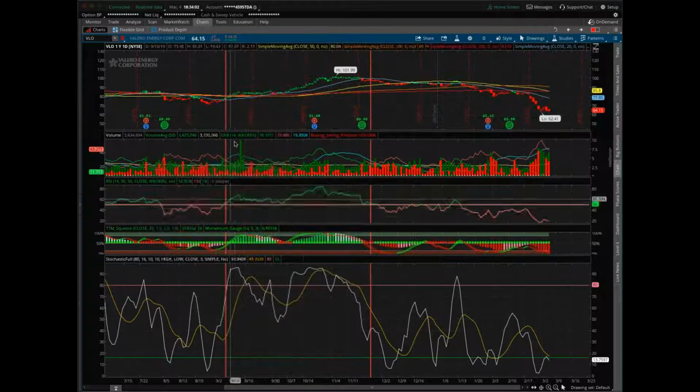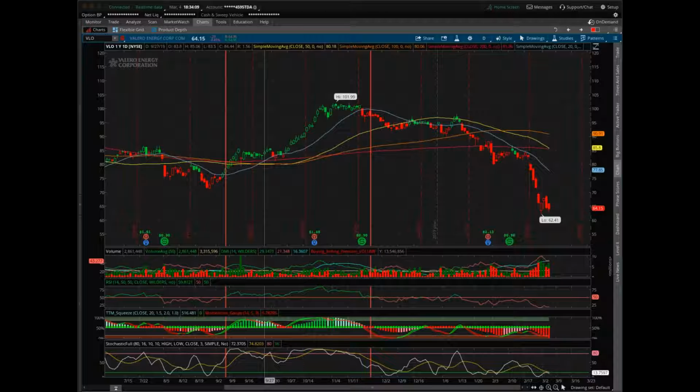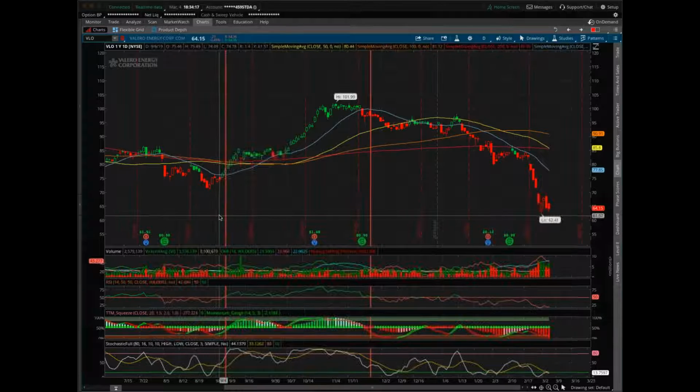So we look for these to, so price action is going to be king. But indicators are going to confirm that.